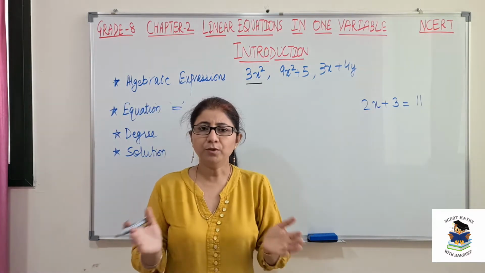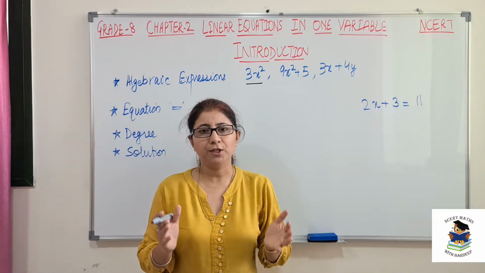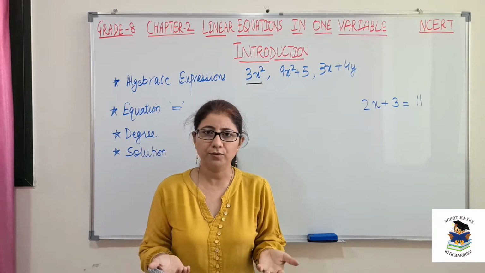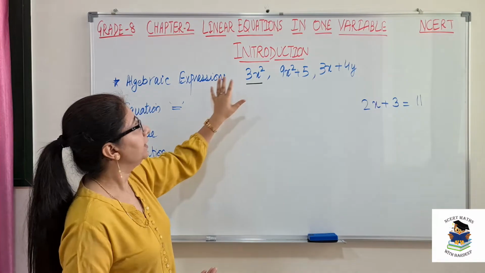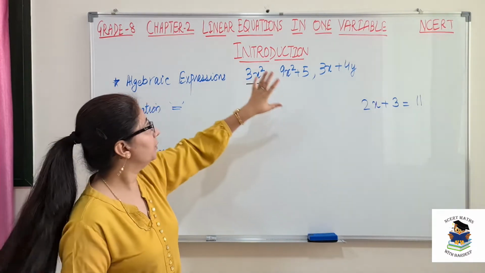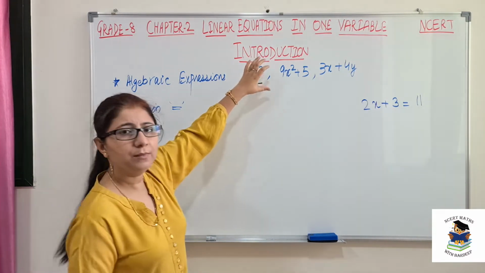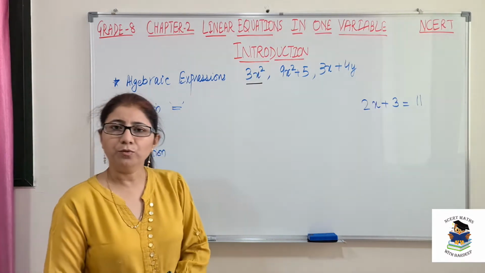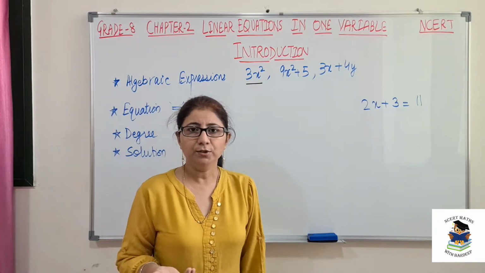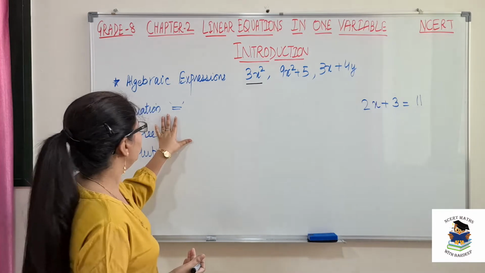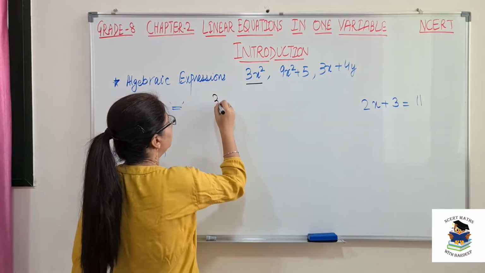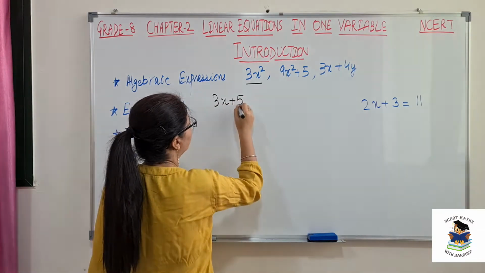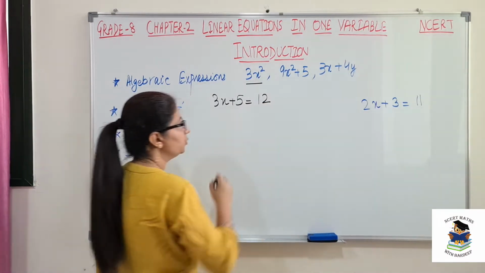Variable means we can put any value in the expression and find the value of that expression. So any algebraic expression can have indefinite values because we can put as many values of the variables as we want and evaluate them. But in case of an equation, suppose I am writing this same thing as 3x plus 5 equals 12.